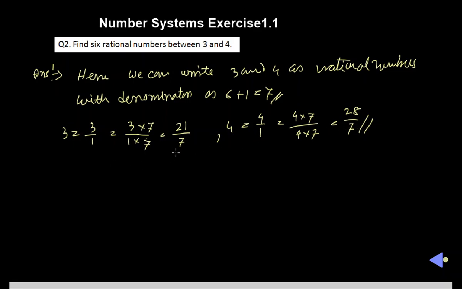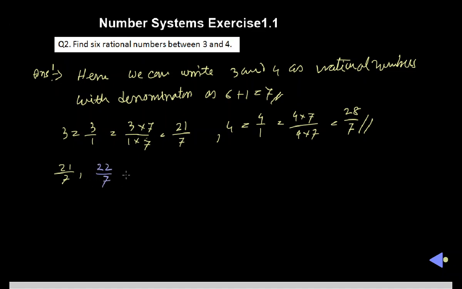We have to find out the rational numbers in between 21 by 7 and 28 by 7. So obviously it is easy to find the rational numbers now. So how can we write those rational numbers? So 21 by 7, that is our first rational number. That is the given rational number. Okay, so we find 22 by 7.